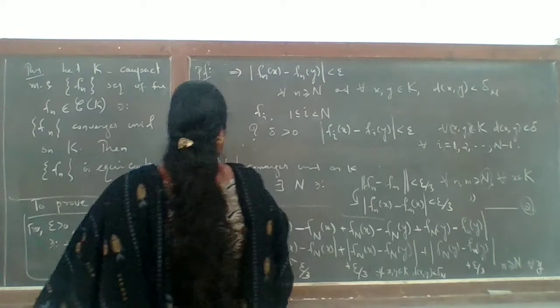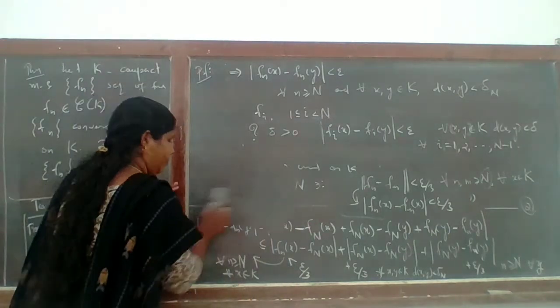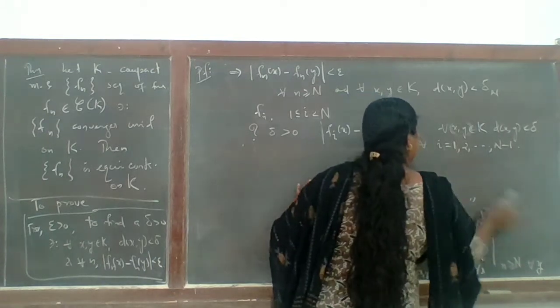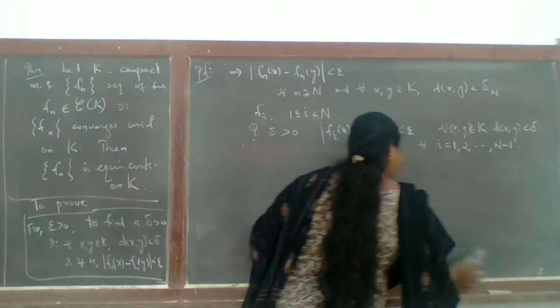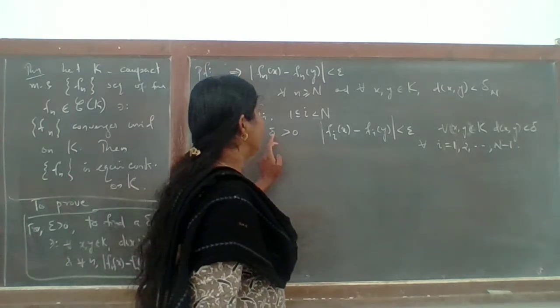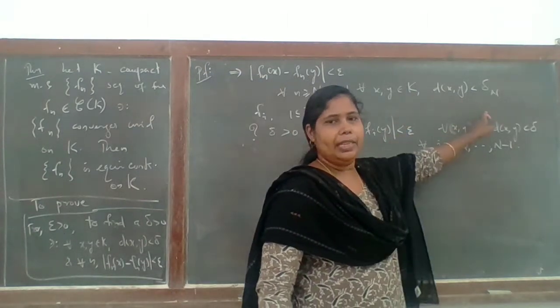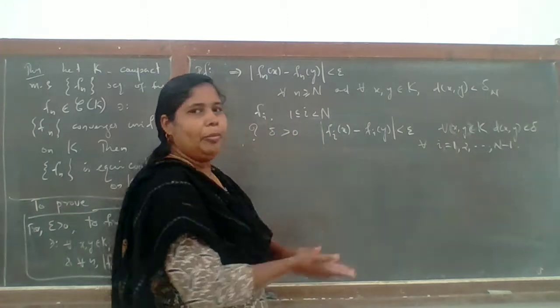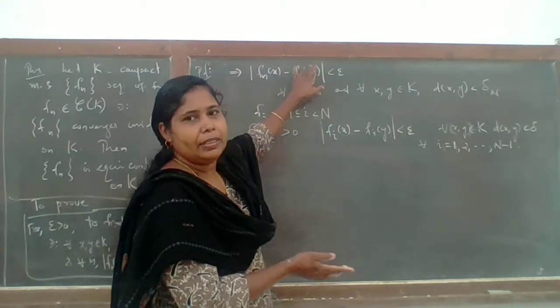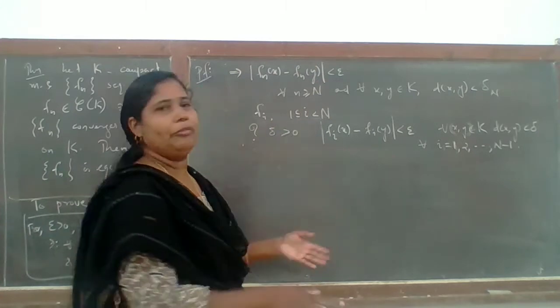Can we find such a delta there? If it is possible, here we get some delta for each. So if we take the minimum of those deltas, then this also will be satisfied, and then we can say that this is true for every n.